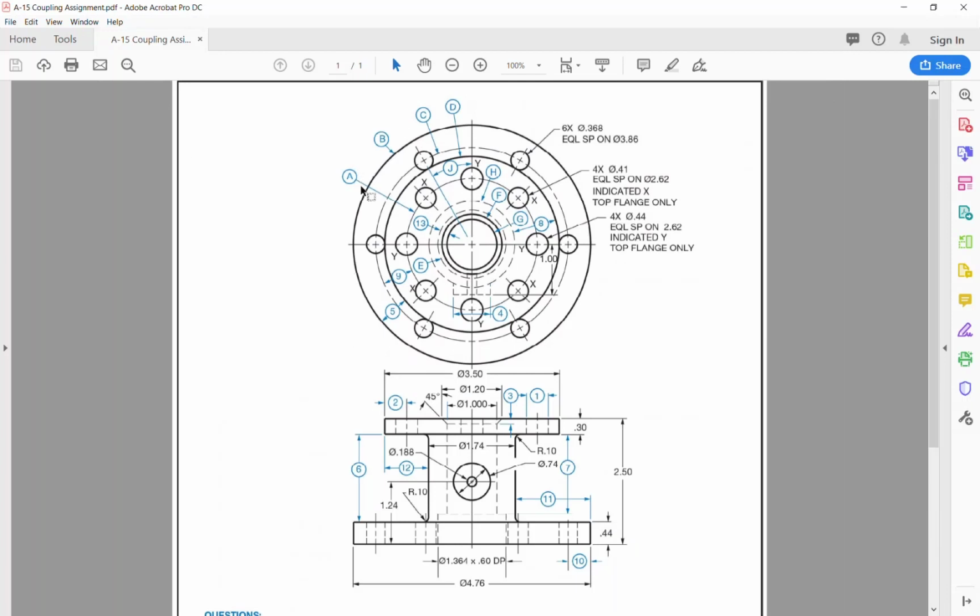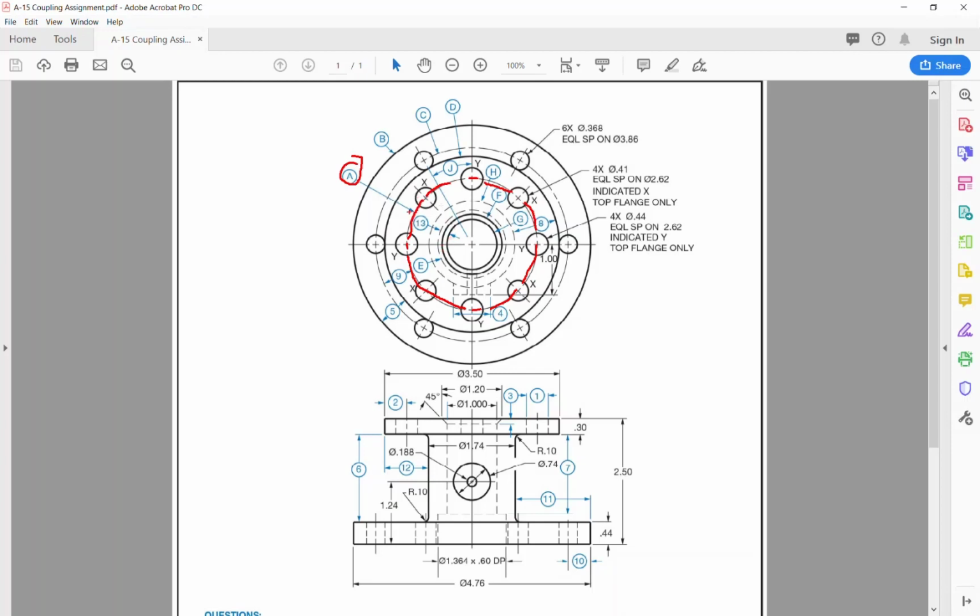So here the leader line is pointing to circle A. Circle A happens to be a center line that is actually drawn in a circular shape. Center lines can be drawn in circular shapes to indicate a bolt hole circle, in this case.